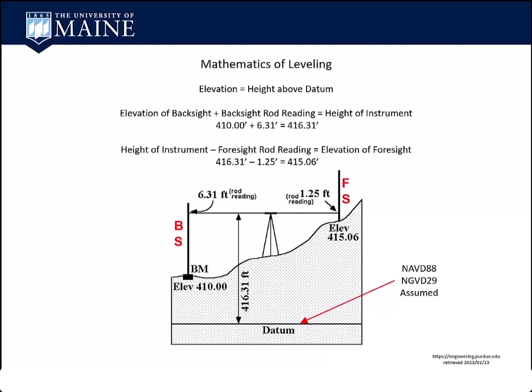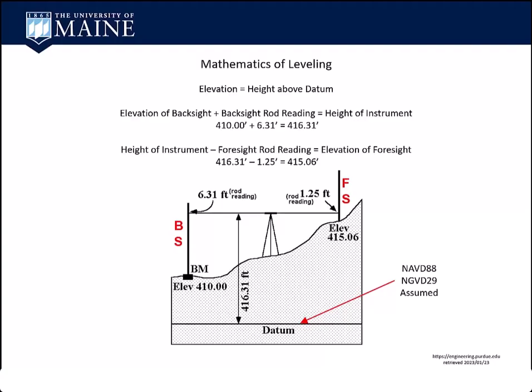When you set the instrument up and you're going to backsight a known elevation, you're determining the height of the horizontal plane of the middle crosshair in the telescope. You read the rod, and that rod reading will be added to the elevation, and that's going to be your height of instrument.